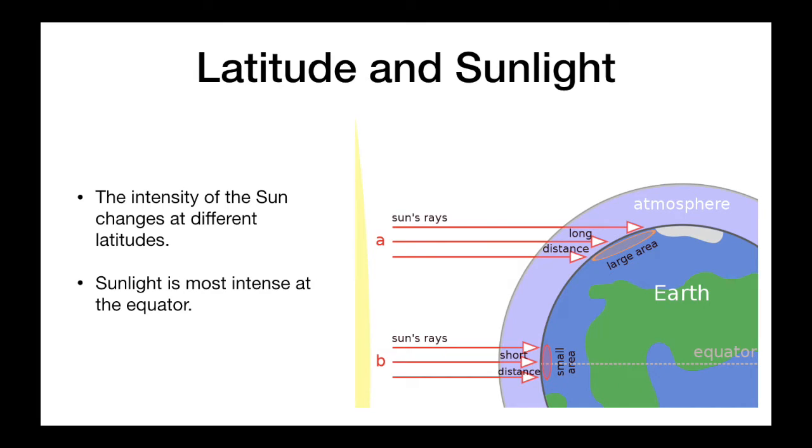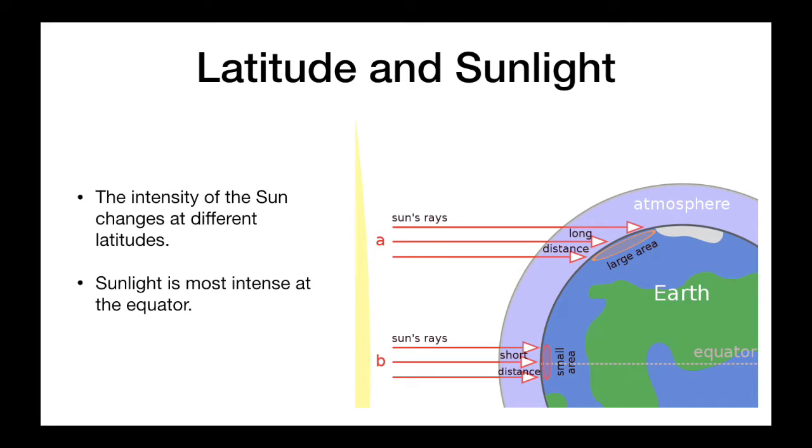Latitude plays a role in climate because where you are on the globe determines how much sunlight you're going to get. And when I say where you are, not so much where you are longitudinally, around the globe, but where you are north or south of the equator. If you're at the equator, that's where the sunlight is going to be most intense.